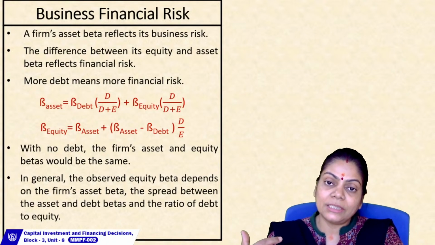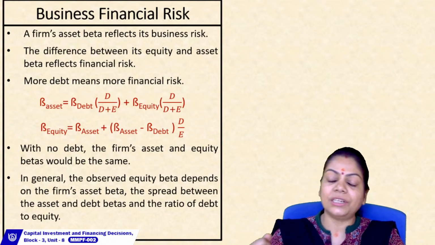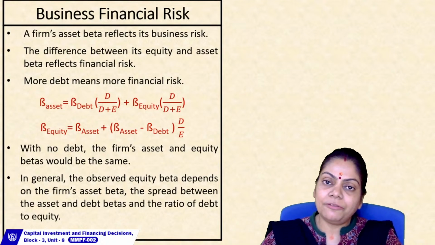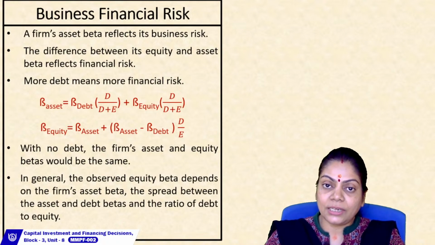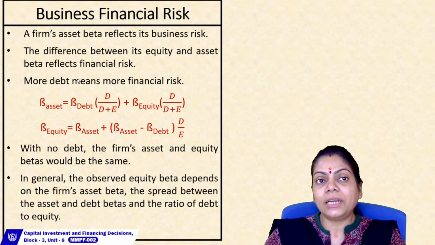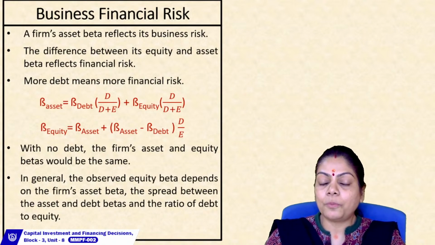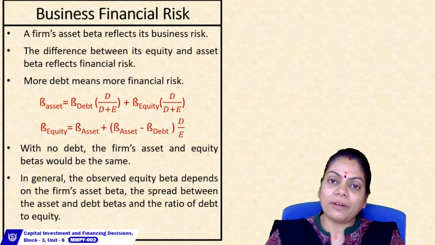If you have fixed financial charges, then it is said that the company has a financial risk. Now what do we mean by fixed financial charges? They are the charges called fixed financial cost. That means irrespective of the level of operation and irrespective of the profit figure that you have, this is something that you have to pay.